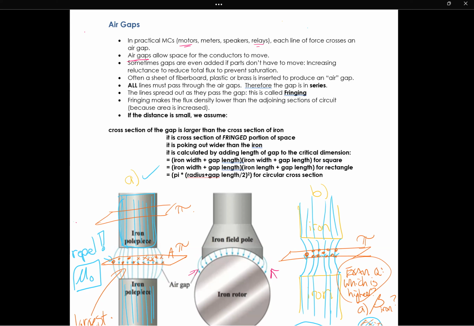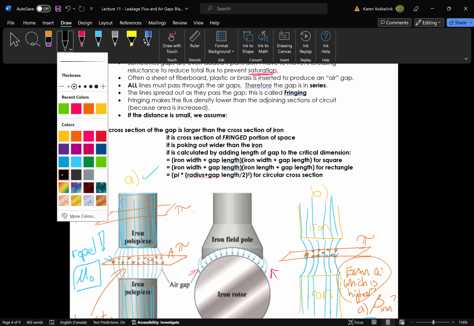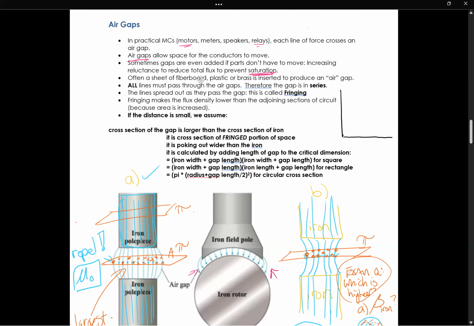If we remember our BH curves, our BH curves are the relationship between the flux density and the magnetic field strength, not really of a magnetic circuit, but of a magnetic material. And if we remember, flux density, the density of the flux, is the amount of lines of force through a cross-sectional area.